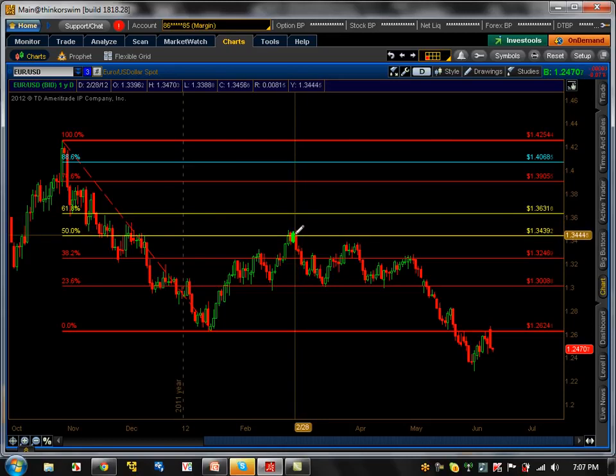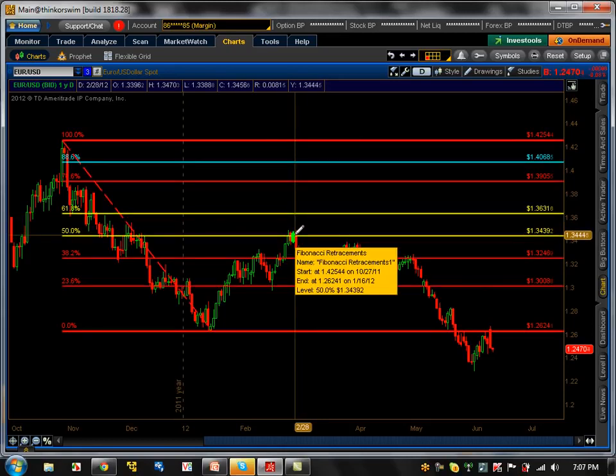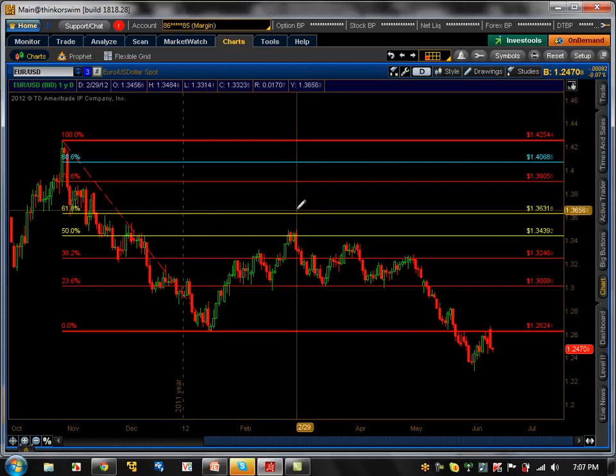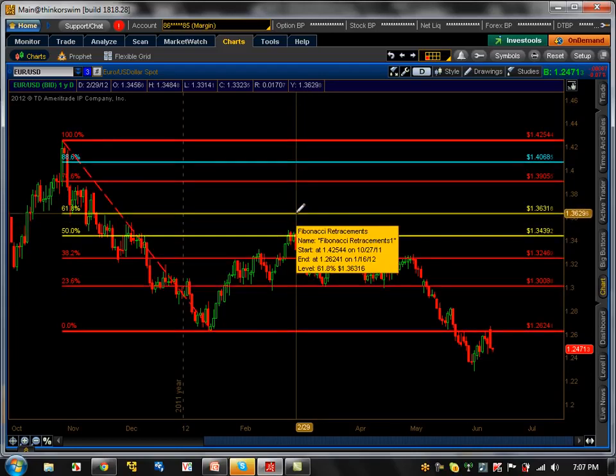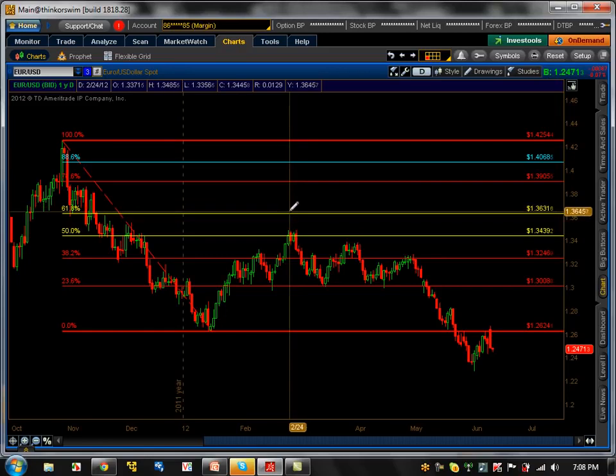And remember, your stop has to be above the 61.8 where you enter. That's where you sell. Either you sell here at the 50% or 61.8, and you're betting on it going down. Your buy stop, just in case you're wrong, has to be above this line right here. So your stop is over here, just in case you're wrong.